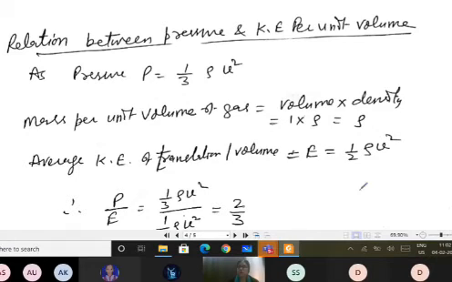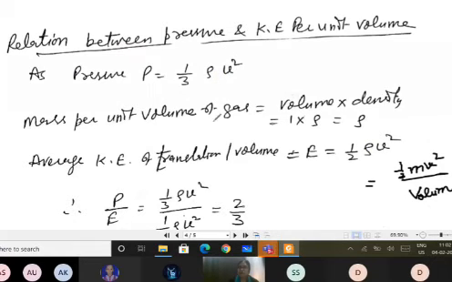That is the energy. Otherwise you can also write this as half mv square divided by v, where v is volume, and mass upon volume is equal to density. So you can write this value as half rho v square.